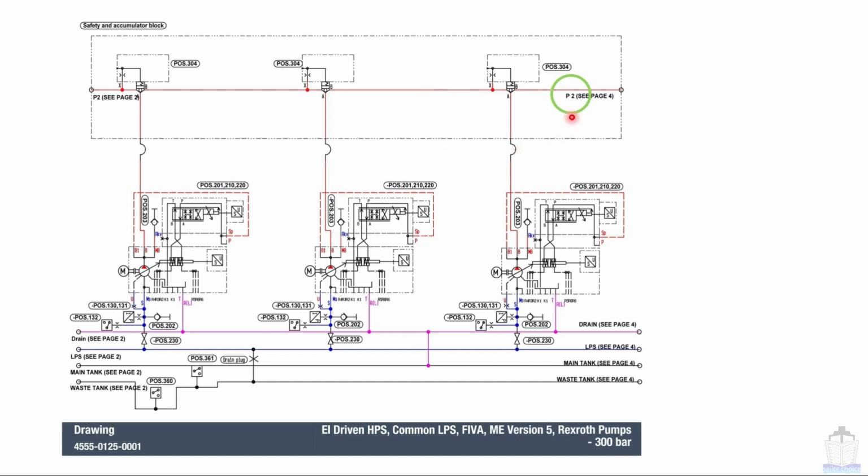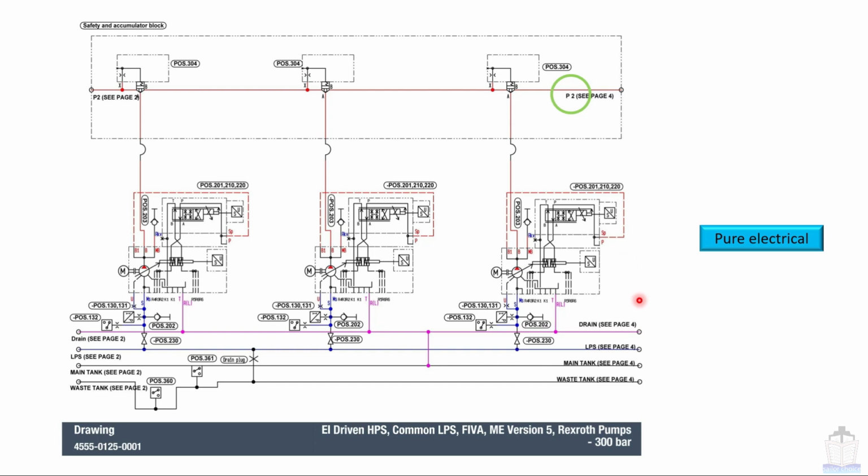If I see only P2, I can understand automatically that this hydraulic system is an electrically driven HPS system. That is the significance of P2 and P1. Although it is written here for easy understanding, if you see P2, you need not look at anything else to understand what type of system this diagram depicts. So this is the pure electrical system.